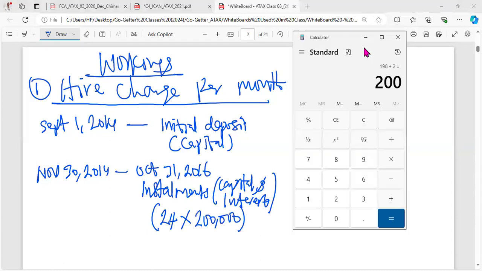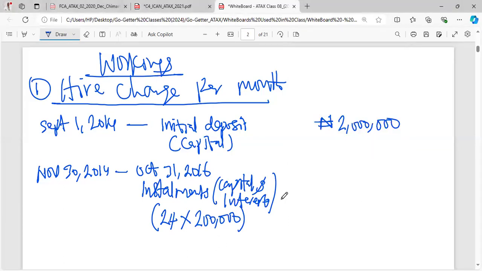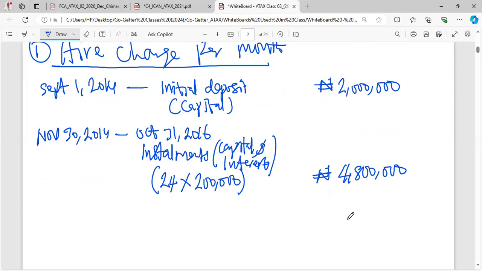So let's see, 200,000 multiplied by 24, that will give me 4.8 million. So I'll come here and put my 4.8 million. So this is the total monies that you are going to pay for the whole period.